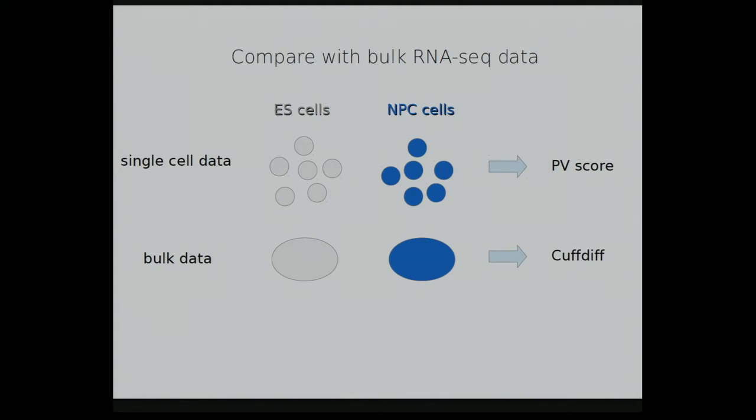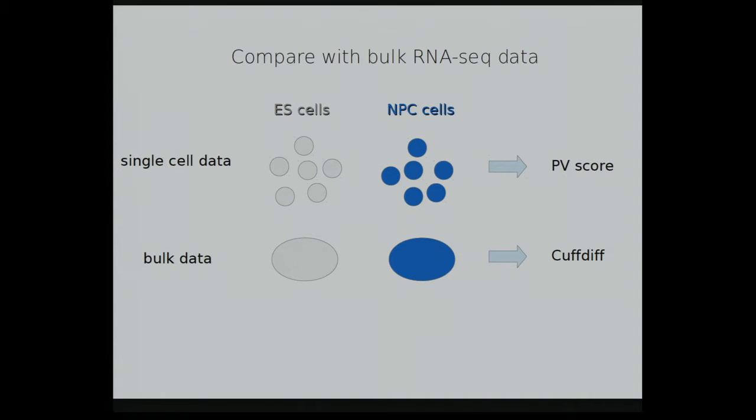Next we want to see what is in common between our single-cell data plus our single-cell method, and bulk RNA-seq data plus bulk RNA-seq method. The data I use here is a population of embryonic stem cells and a population of neural progenitor cells, NPC cells, which are differentiated from the ES cells. This is the single-cell data, to which I apply the PV score.